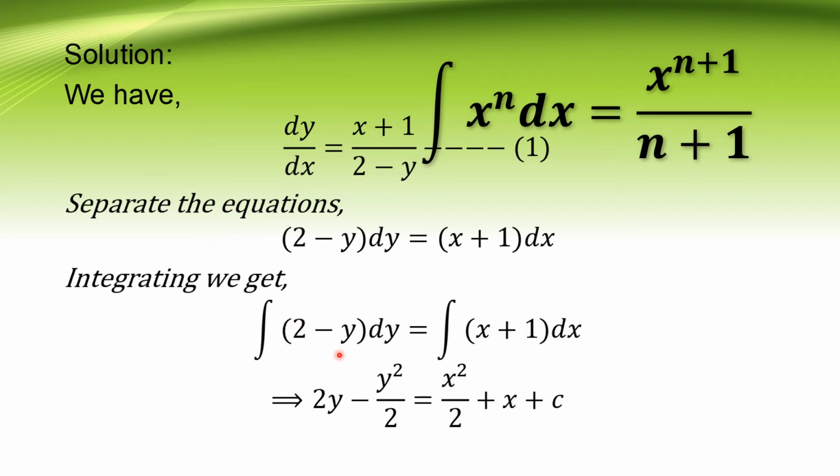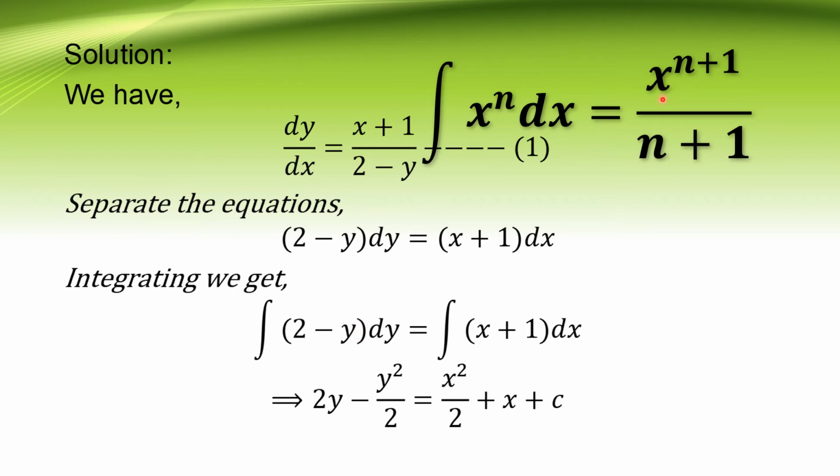So here we have two terms, 2 and minus y. I am going to integrate 2 separately and y separately. By integrating 2 we get 2y, and by integrating y we use a basic formula for integration, that is integral of x power n dx is equal to x power n plus 1 by n plus 1. Instead of x we have here y, and the power of y is nothing but 1, that is y is hidden here, so n is 1.